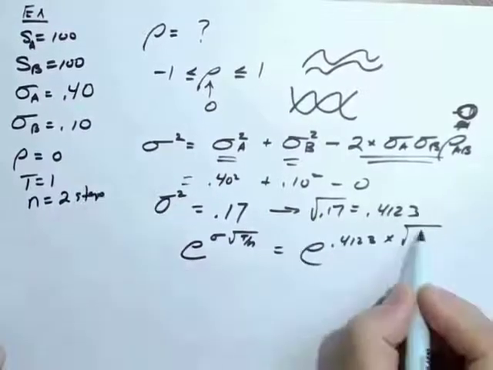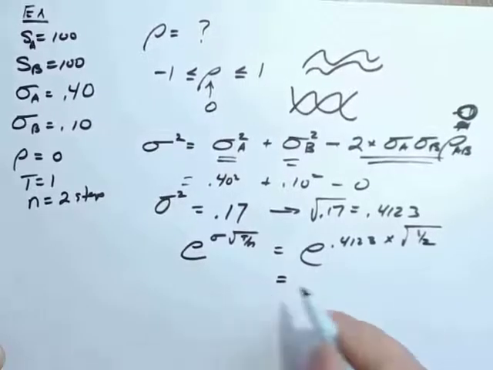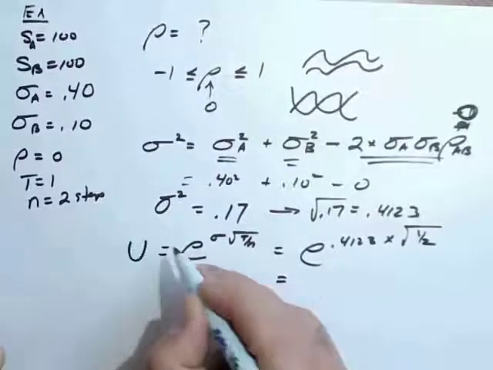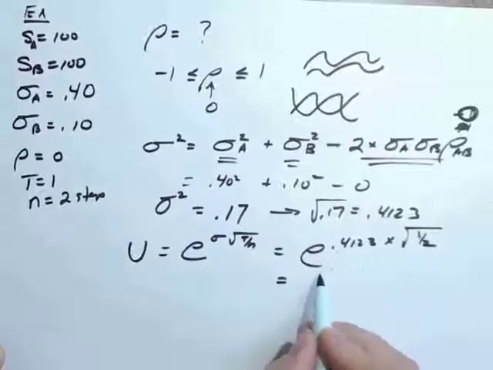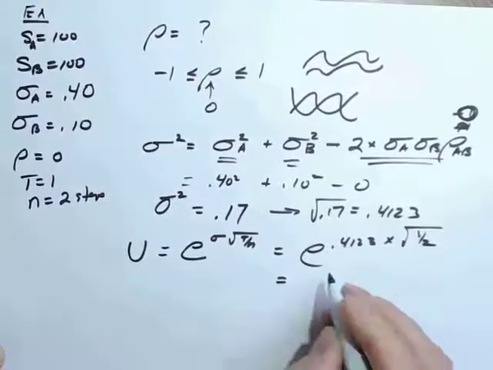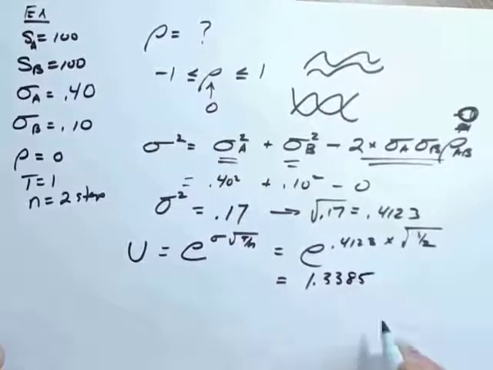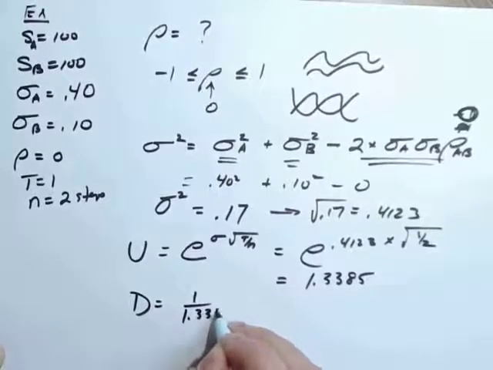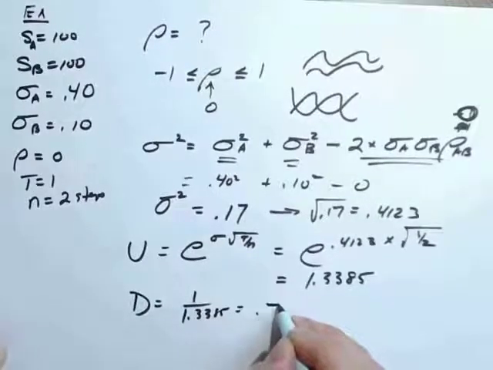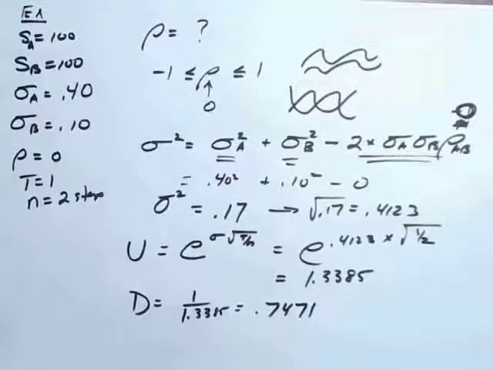We're calculating U, the upward movement, like we did in the past with the standard binomial, to be 1.3385. And that means D is 1 over 1.3385, which is 0.7471. Okay, so that sets us up.